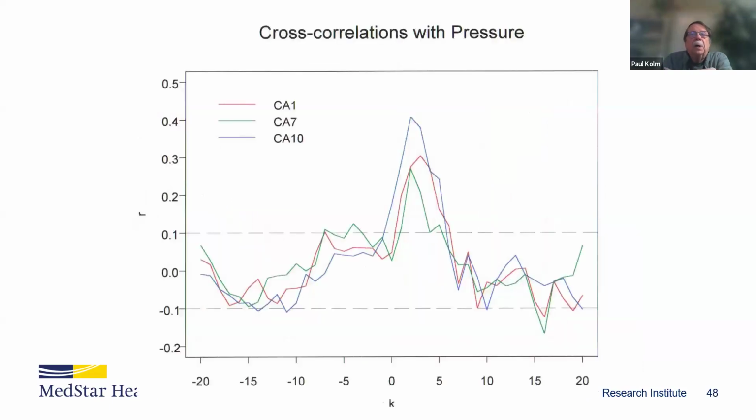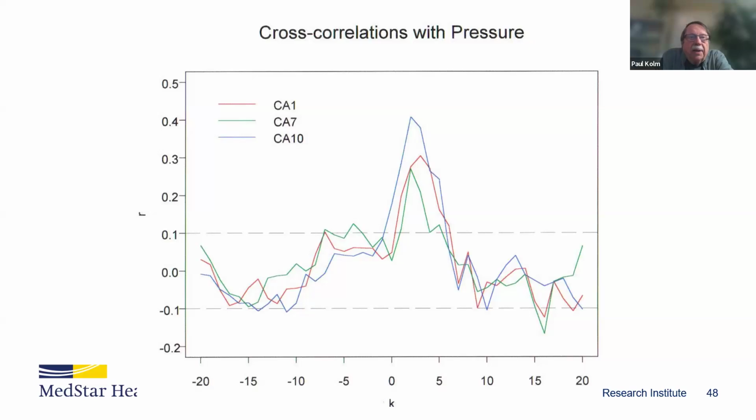And so when we graph this, we see that in terms of the groups of neurons, they have a positive peak around the early positive lags from 0 to 1 to 5, where we have positive correlations.